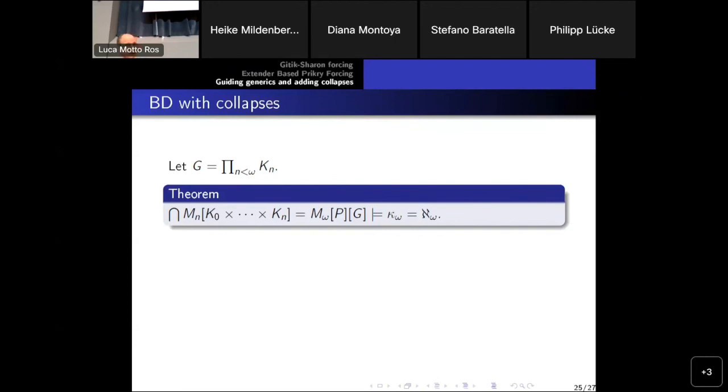This is just the usual computability argument that we always had. So if you don't care about the intersection being exactly M omega PG, but you just care about M omega PG computing the right cardinals in the right way, then you can do it with the very same arguments, using the continuity of J omega for cardinals above kappa omega and using the increasing critical points in order to deal with cardinals below kappa.